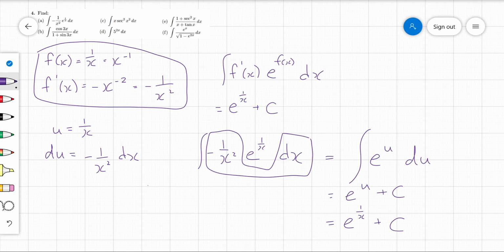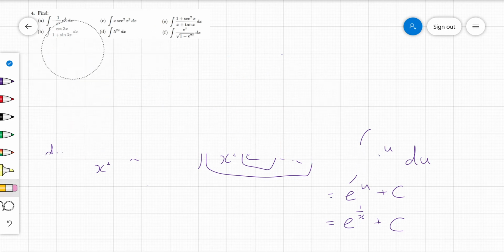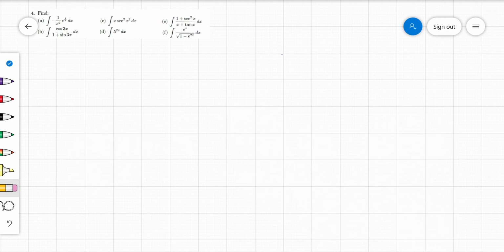Okay, so now if I look at the second one, we have to decide what we're going to let be f of x. And in this one, if you think about it, you want sec squared of f of x. I know how to integrate sec squared. I get tan. When you differentiate tan, you get sec squared. So the weird thing is it's not just sec squared x, it's x squared.